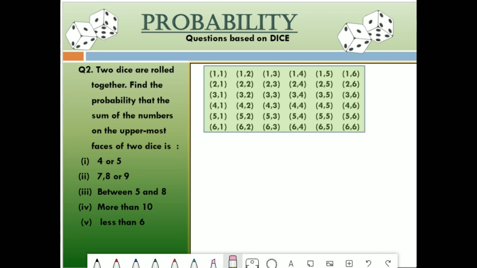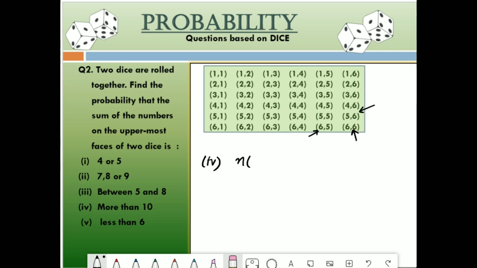Fourth part is sum more than 10. Okay, more than 10, so it can be 5, 6 and 6, 5, and it can be 6, 6. So we have total 3 favorable outcomes in this case.